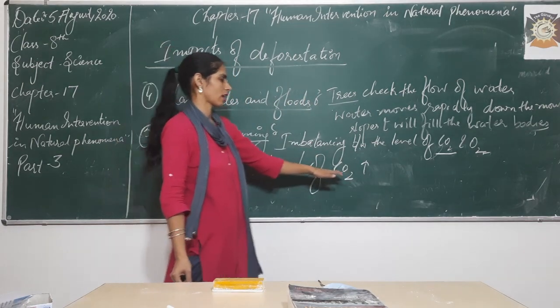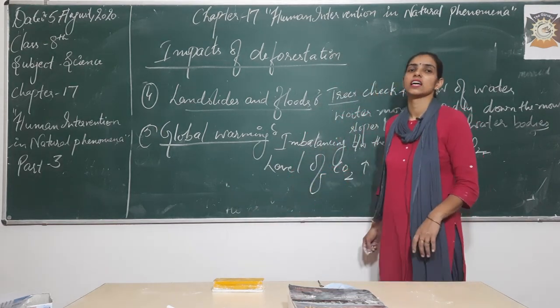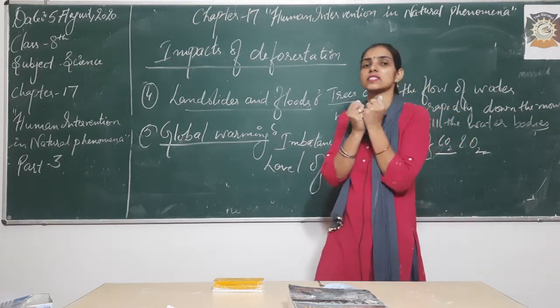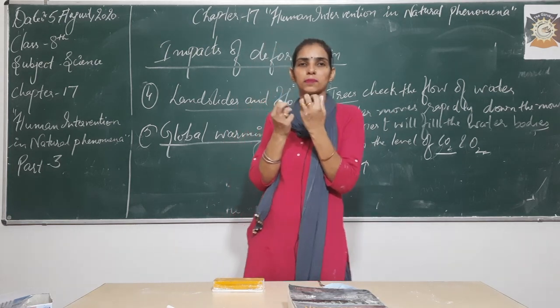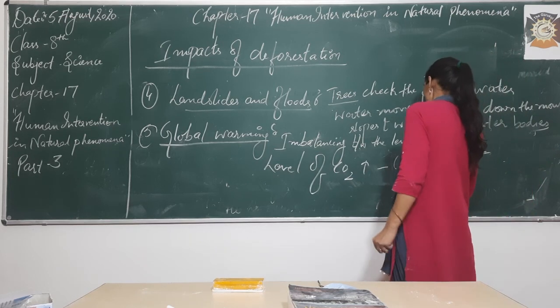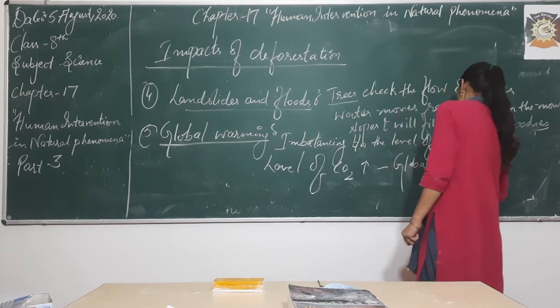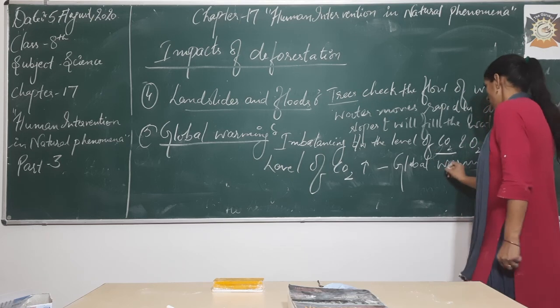And if this level of carbon dioxide will increase, what is the property of carbon dioxide gas? It traps the sun's heat easily, okay? And when it will trap the sun's heat, it will lead to global warming, right? It will lead to global warming.